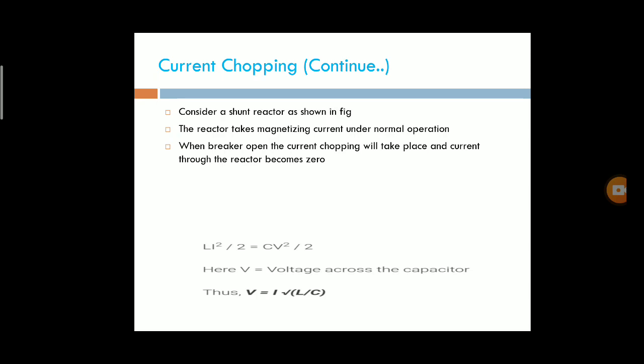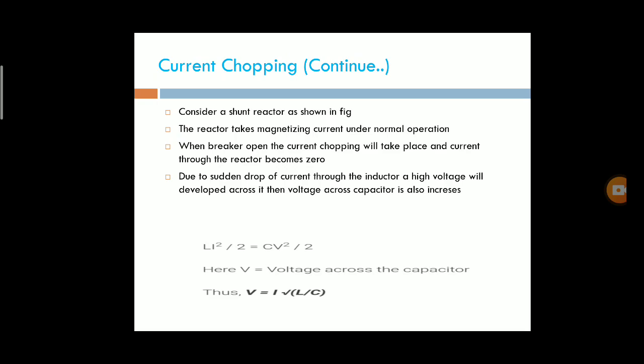When the breaker opens, the current chopping takes place and the current through the reactor becomes zero. Due to the sudden reduction in this current, a high voltage will be developed across the inductor.